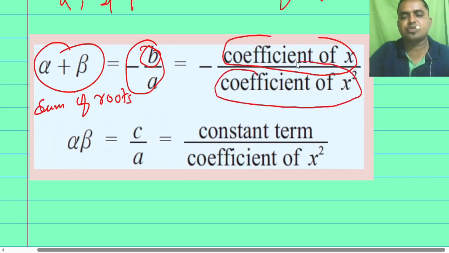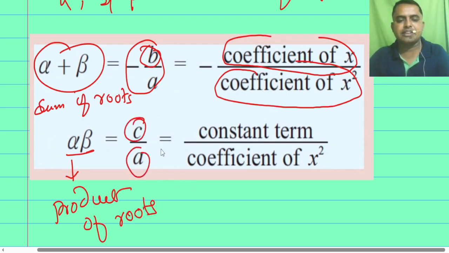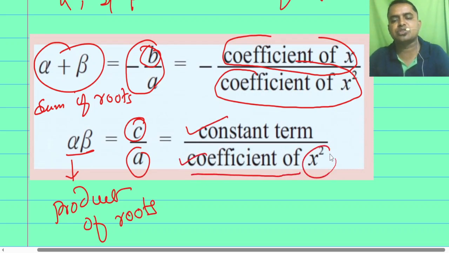Alpha into beta is the product of roots, the same concept as zeros of a polynomial. It is c by a, where c is the constant term and a is the coefficient of x square.